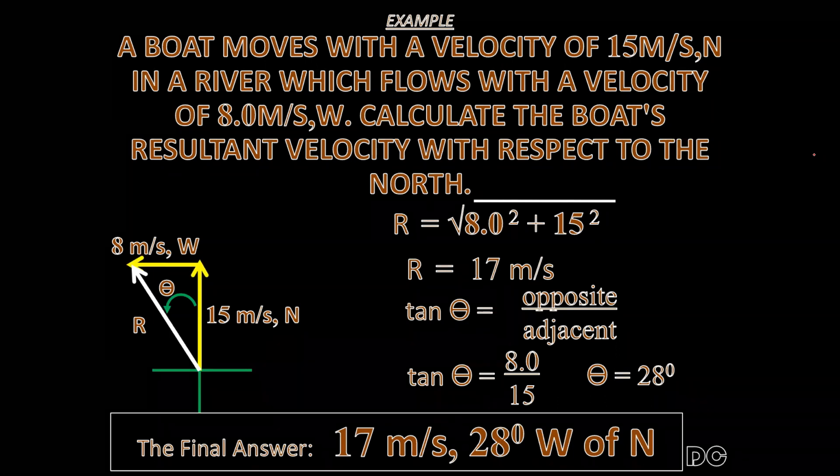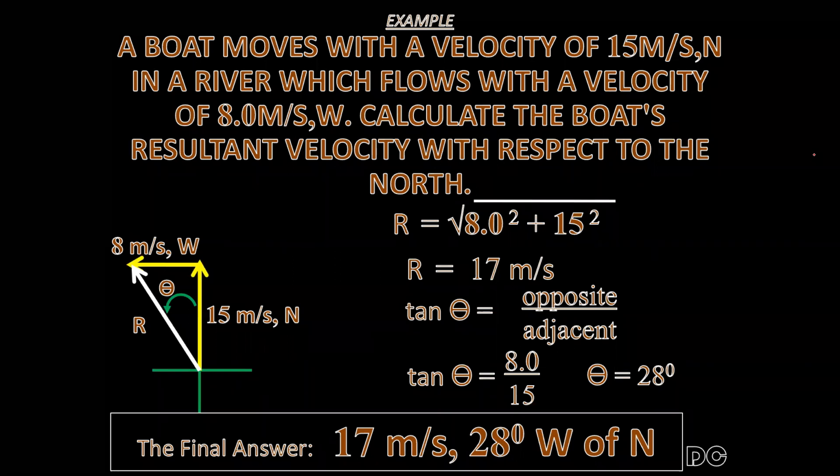Sir, bakit west of north? Sabi mo kanina, dapat magsisimula siya sa x-axis. Okay, since specific yung question that the angular direction should be with respect to the north, dapat magsisimula siya sa north. So from north, it moves towards west. So therefore, it is west of north.